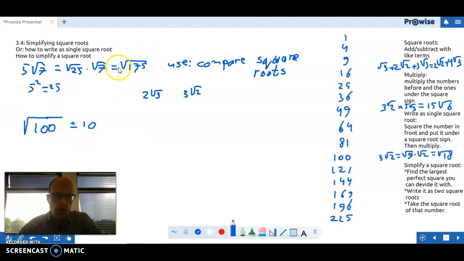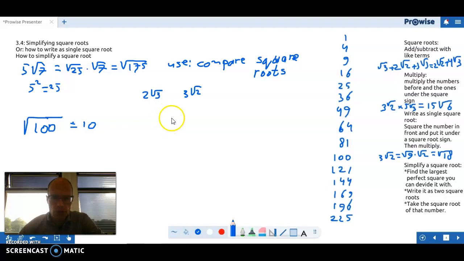And over here we had the square root of 175, and this 5 square root of 7 looks a bit nicer in my eyes. And to go from the big square root number to a smaller number under the square root, that's called simplifying a square root. It's to make it look nicer.